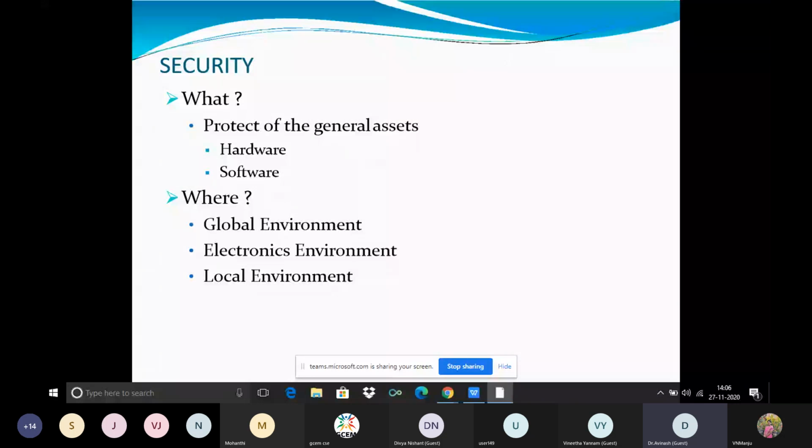We have to protect our general assets both in the form of hardware as well as software. And we have to protect them either in a global environment, or in the environment where they actually exist, for example the electronic environment, or the local environment. So these are the three places where we have to protect our devices, in the form of hardware as well as software.